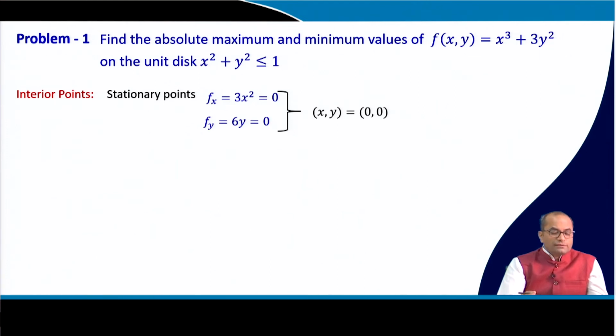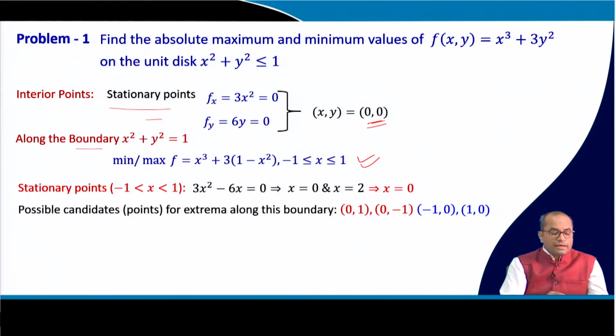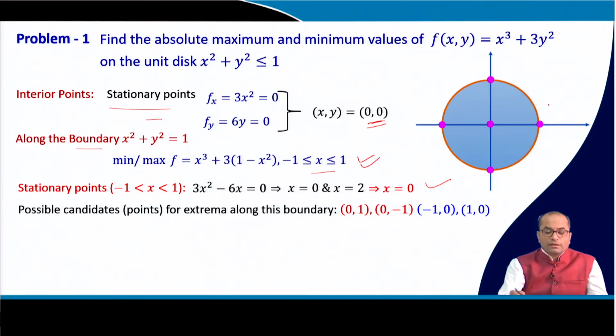Just to recall what we have done, we found the stationary point which was just (0, 0), and this stationary point lies within the domain. So this was considered as a candidate for checking the function value. Then along the boundary x squared plus y squared is equal to 1, we converted the problem into a single variable, looked again for stationary points and also the boundary points, and finally there were these 5 points.